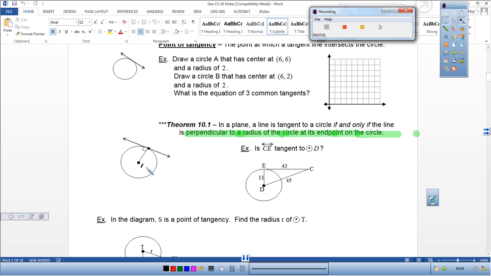Let's call this circle A. This is B. We'll put C here. Okay. And we'll say line CB is tangent if and only if AB is perpendicular to line CB.